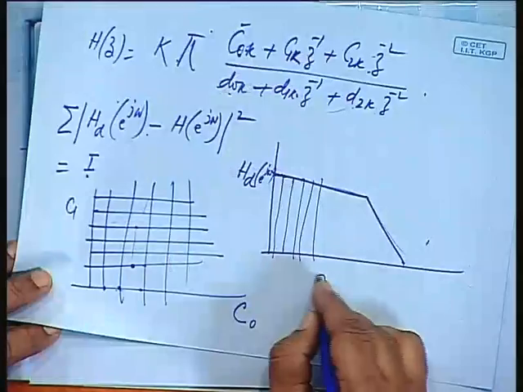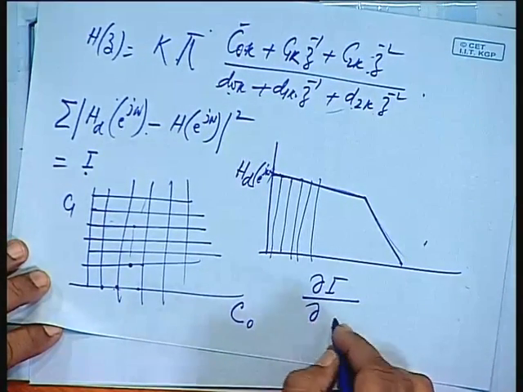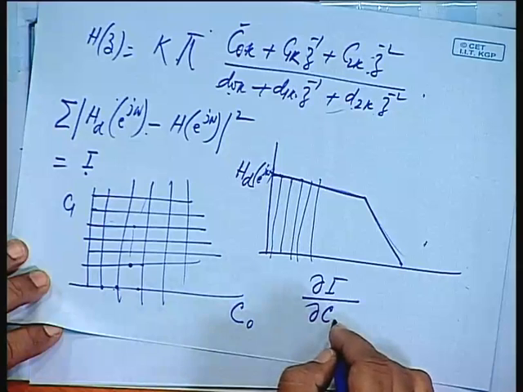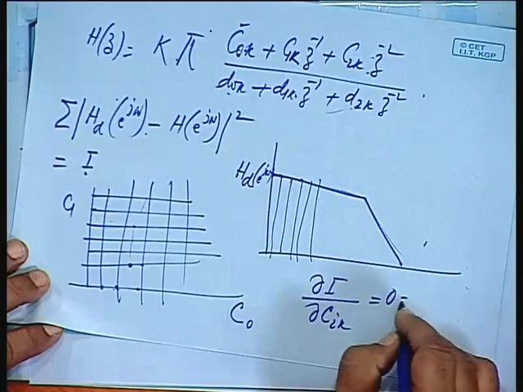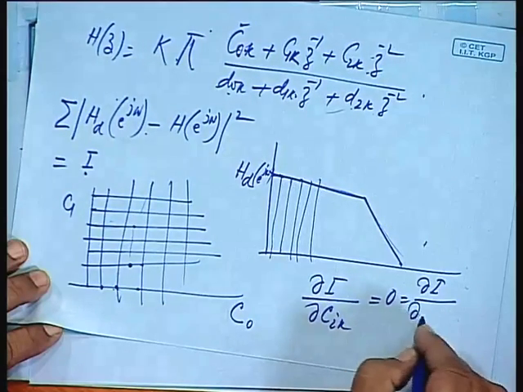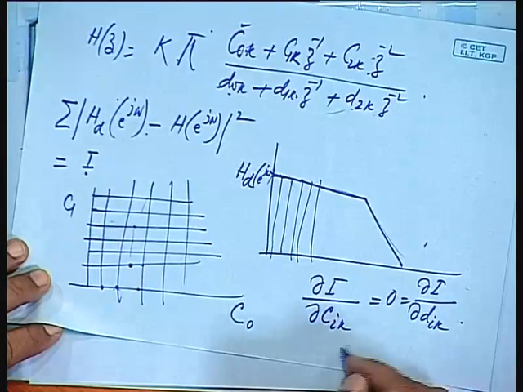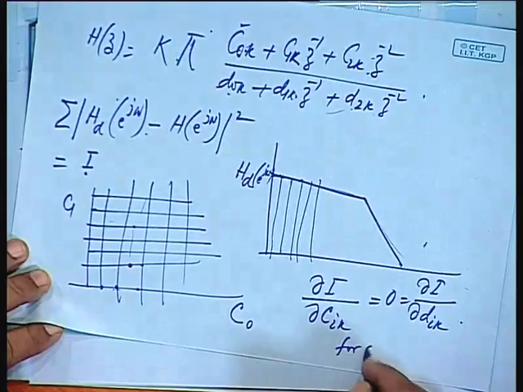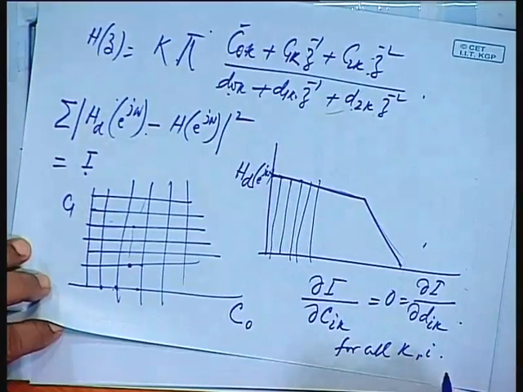So, basically what we are trying to achieve is the performance index, its sensitivity with respect to the coefficients, del I by del C_ik equal to 0, for all k and all i's. So, this is one method of computer aided design. Next time we will take up the other methods.